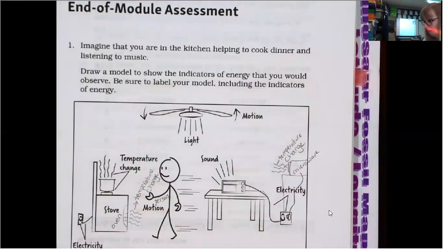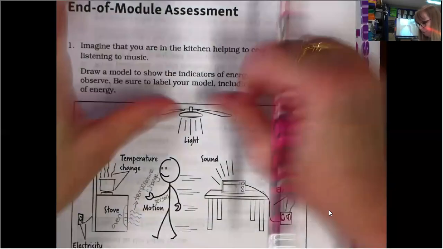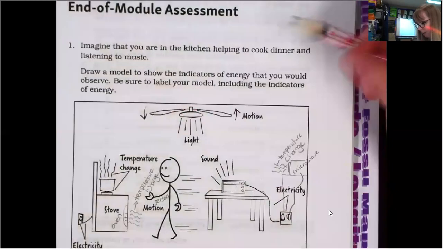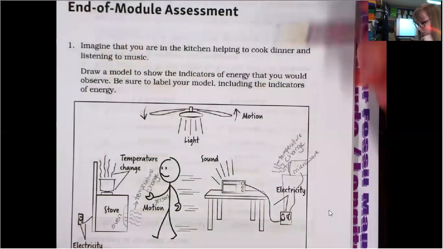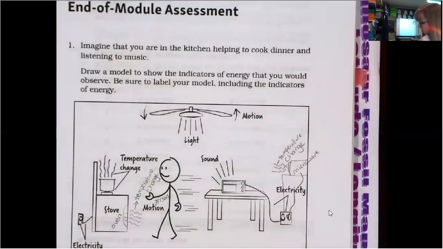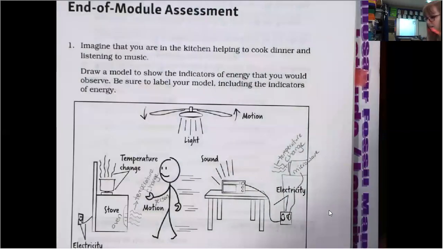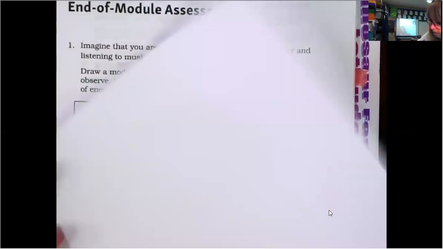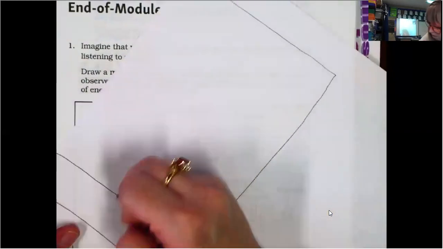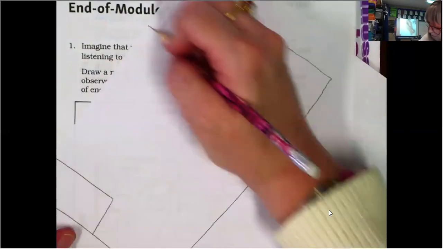All right. I personally wouldn't have a ceiling fan. I would have a chandelier for mine, and I would have cabinets all around because it's in a kitchen. All right. So mine would look a little different. It'd be more along the lines of upper cabinets.